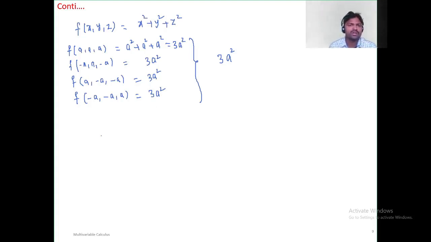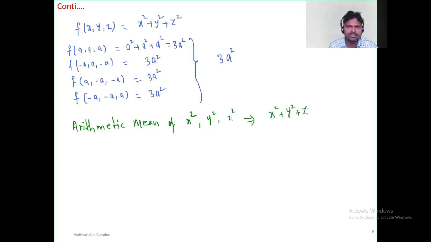For that, one logical thing I want to proceed with. See, what is the arithmetic mean of x square, y square, z square, listen carefully? It is the sum of observations, x square plus y square plus z square, divided by the number of observations, which is 3.